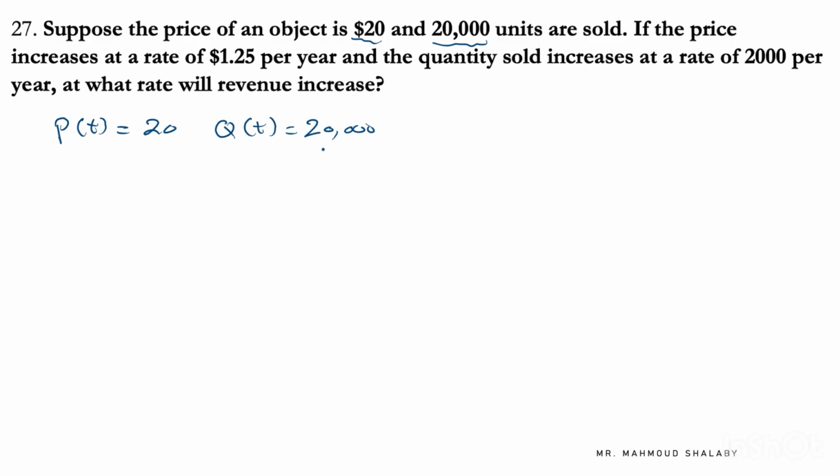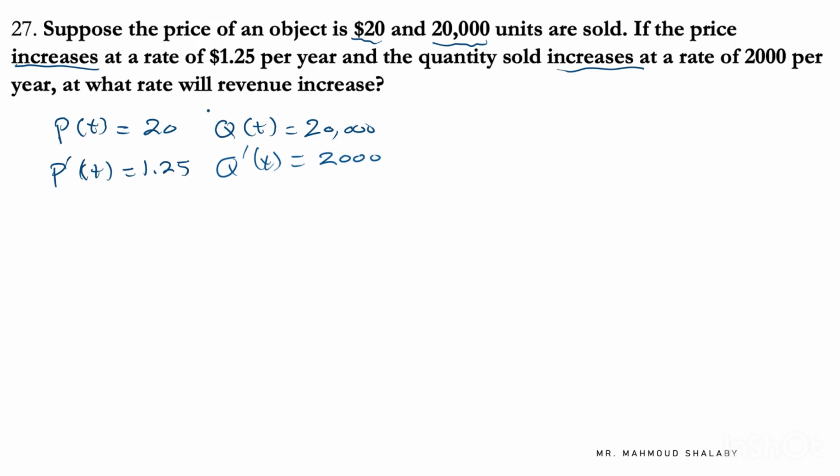Then it says here, if the price increases at a rate of $1.25, not a percentage, he gave me the amount as dollars. So I will write here that p prime of t equals 1.25, and the quantity increases at a rate of 2,000. So I will write here q prime of t equals 2,000.